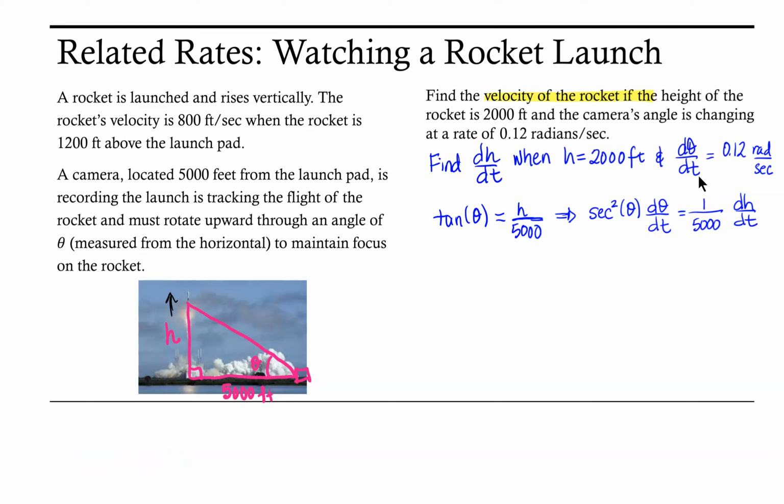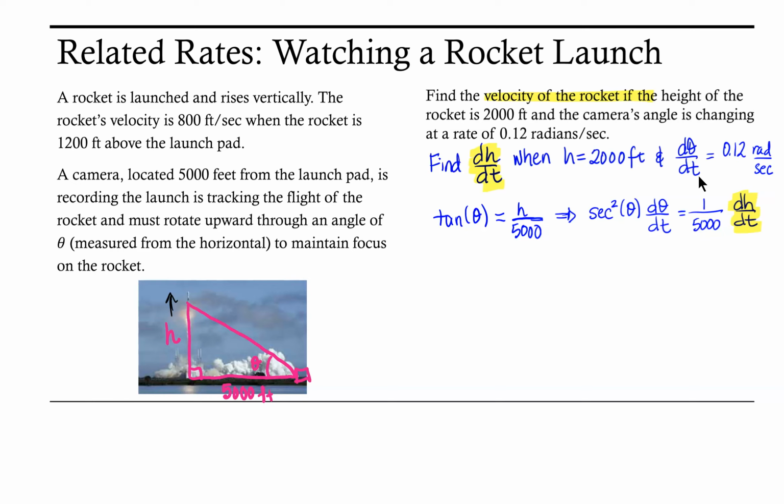Okay, so anyway, what we need now is to look back at what we decided we were trying to do, and we were trying to find dh/dt. So in my equation relating the rates of height and theta angle, here is my dh/dt. That is what I wish to find.